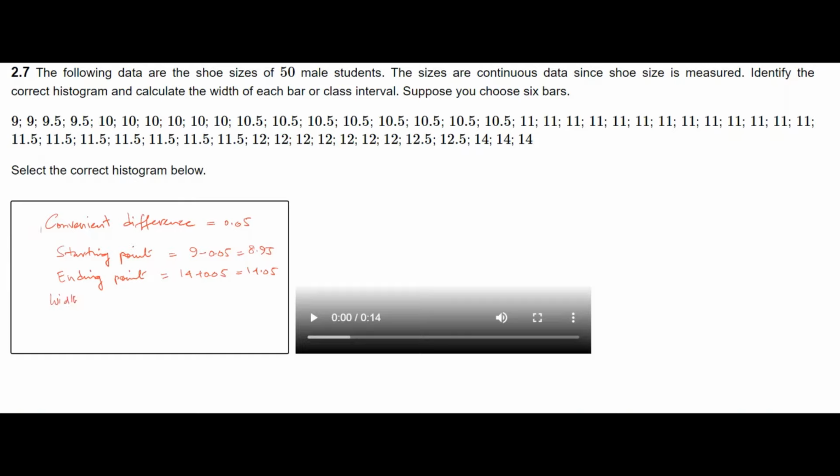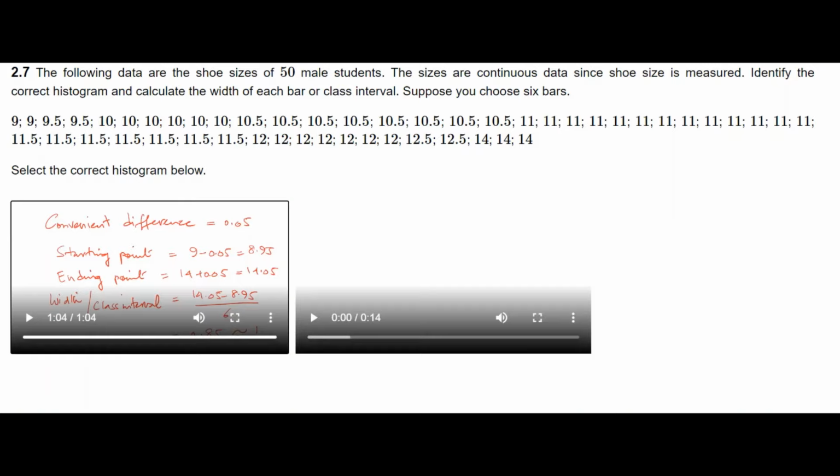So once we know the starting and the ending point, we can see that the width of the interval, also called the class interval, should be the end point minus the initial point divided by the total number of intervals, which is 6, and it turns out to be 0.85, which is nearly equal to 1.